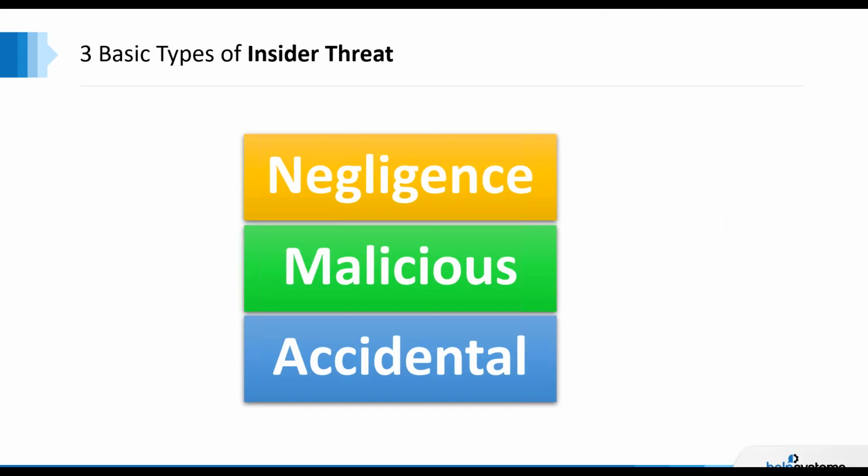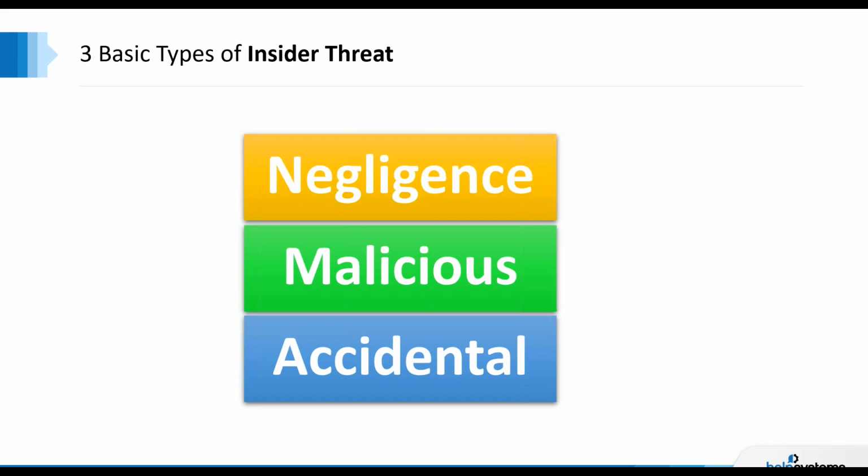That's one type of insider threat that we encounter, but more often than not, it's accidental, or it could be negligence, where people are either not paying attention or they're cutting corners or saving time and not giving it the right amount of attention that it needs.